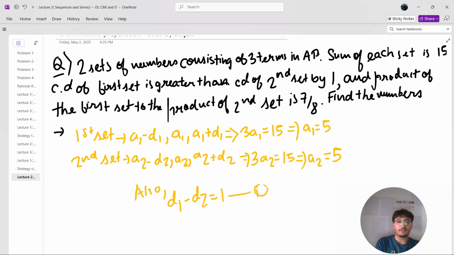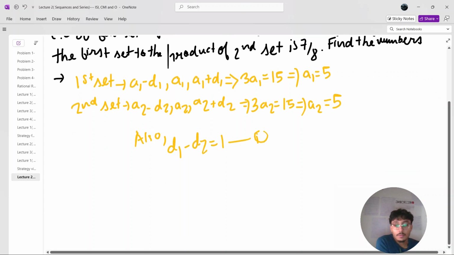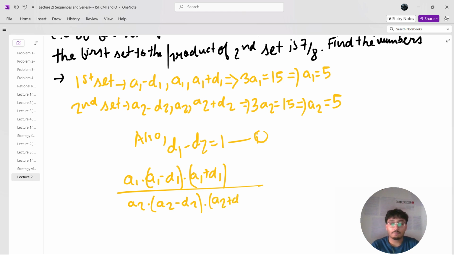And the product of the first set. What is going to be my product? The product would be A1 into A1 minus D1 into A1 plus D1, divided by, just keeping brackets up here, A2 into A2 minus D2 into A2 plus D2.